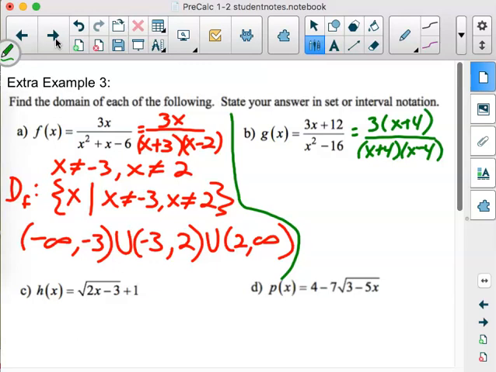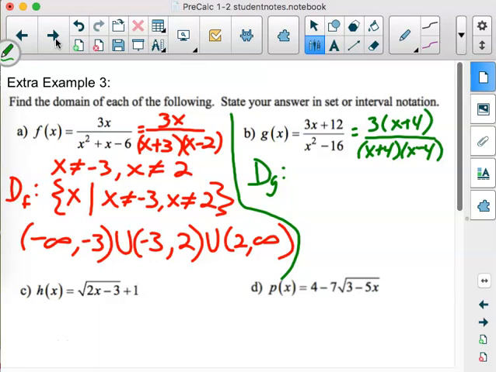Now, this isn't about the hole right now. What this is about is us figuring out what numbers we can and can't use in this. And that simply speaks to the denominator. So this one would be capital D of G, since this function was named G of X. And we'll put it in our set builder notation in just a minute here.